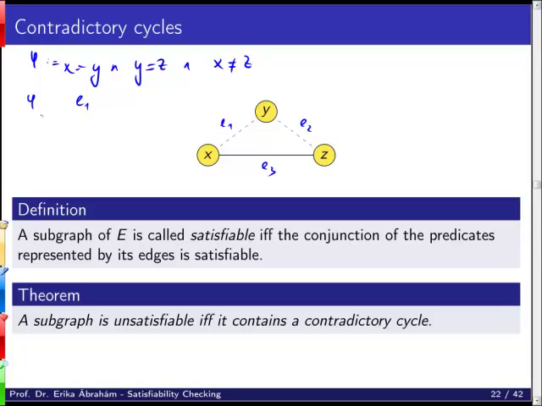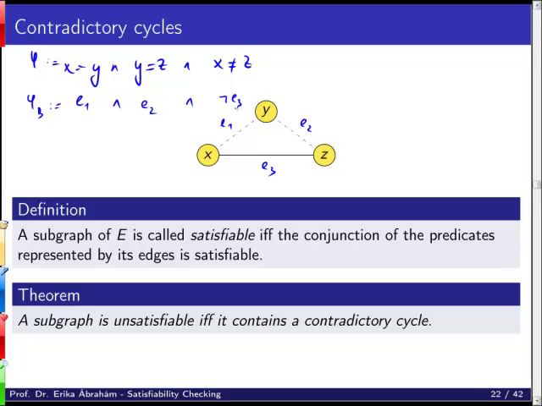Let's say B, for Boolean, E1 holds, and y equals z is labeled by E2, and x is not z, so not E3. And the Boolean skeleton now is satisfiable, but the original formula is not. So which information shall we add?